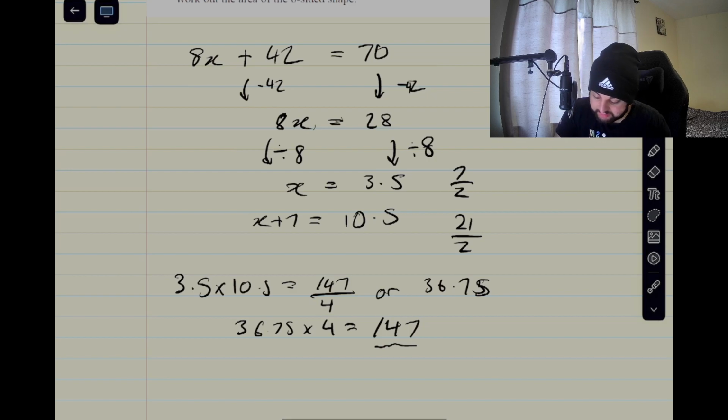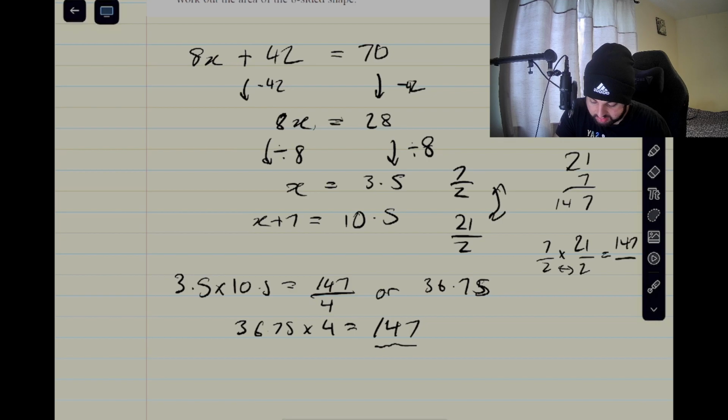If you want to leave it as fractions, you literally just do 7 over 2 times 21 over 2. 21 times 7 is 147. And in fractions, you multiply the denominators too, which is just 4. And if you're timesing it by 4, you're just cancelling the 4 out. So you just leave it at 147, basically the same as before.